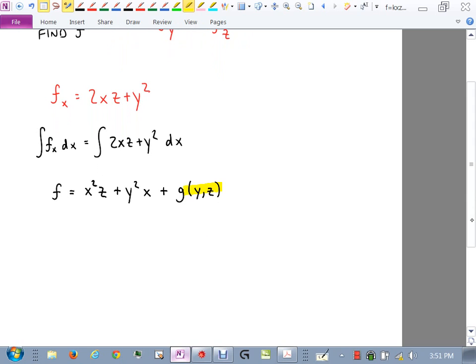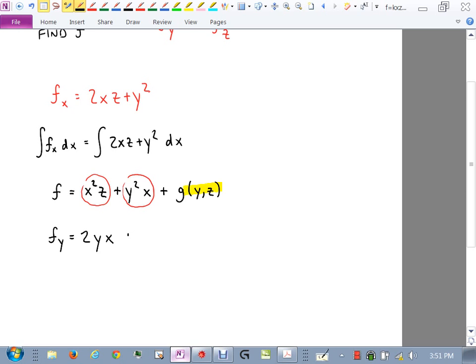So now what we do is we take that, we work with that, and we differentiate it with respect to y now. Take derivative of that with respect to y. What do you get? So derivative of this first one is 0, right? Derivative of this one, 2yx, 2xy, doesn't matter, right? With respect to y.